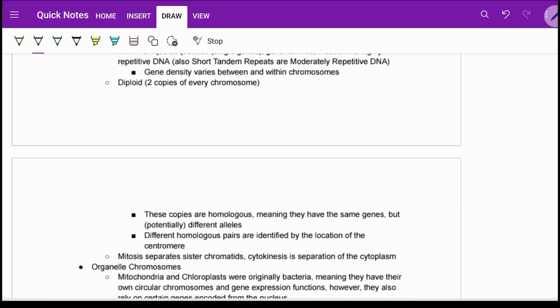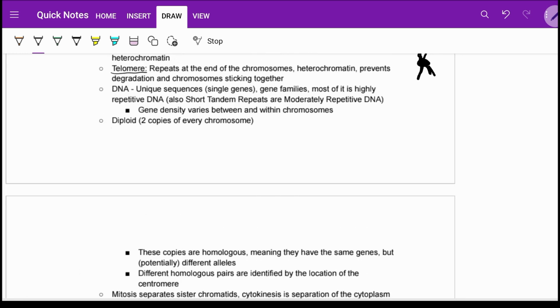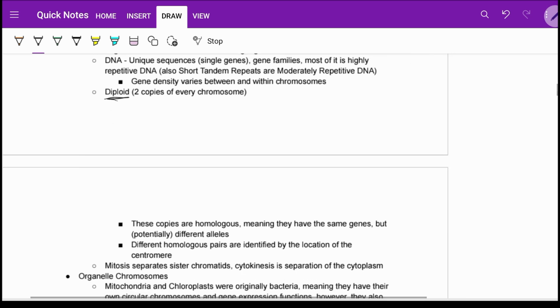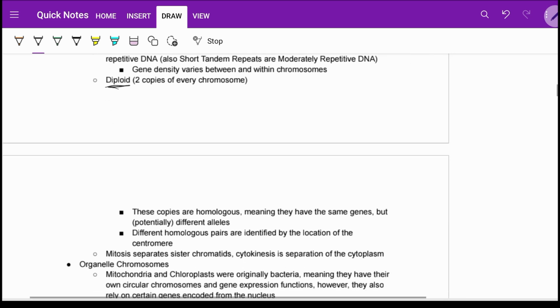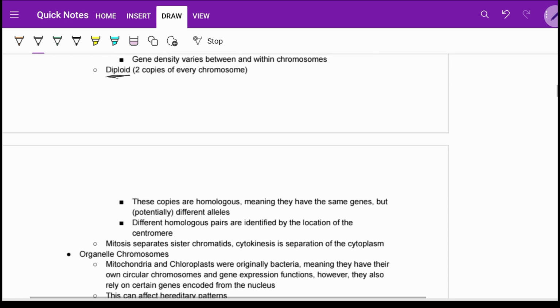We also have diploid, and that's a term we should know, and that means that you have 2 copies of every chromosome. So a diploid would be 2n. N is the number of types of chromosomes you have.